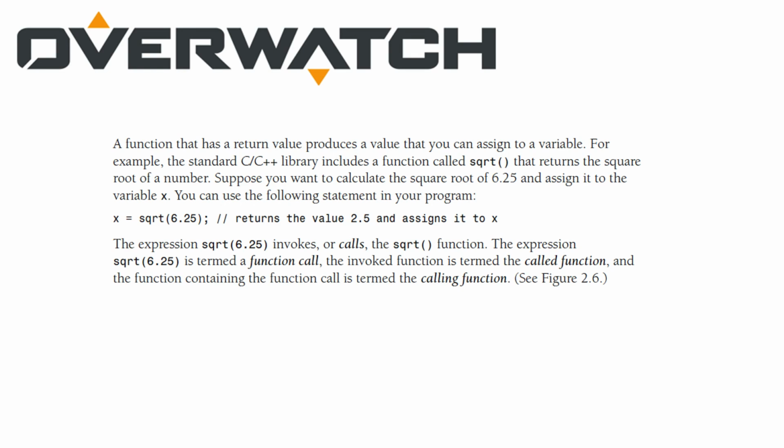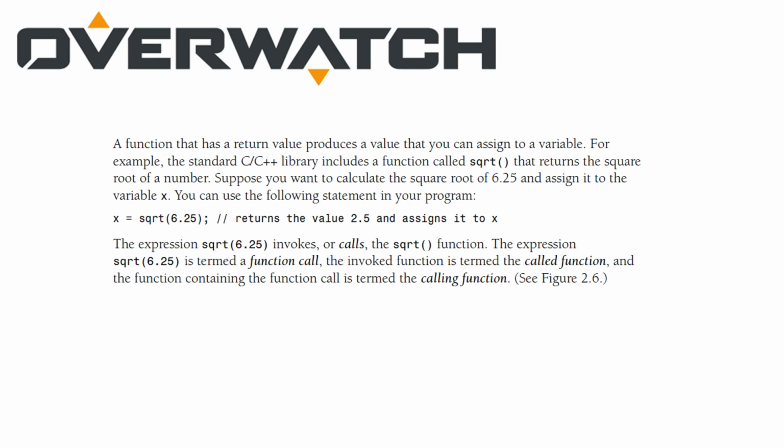That expression, x equals the square root of 6.25, you are invoking or calling. We use the term invoke or call; we kind of use both interchangeably. You're invoking that function, square root.